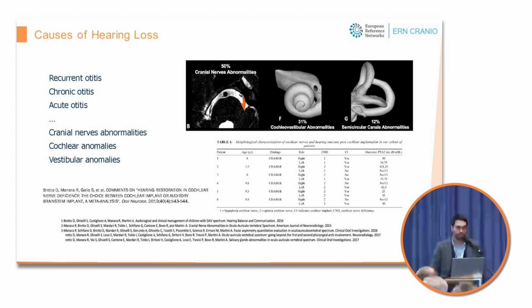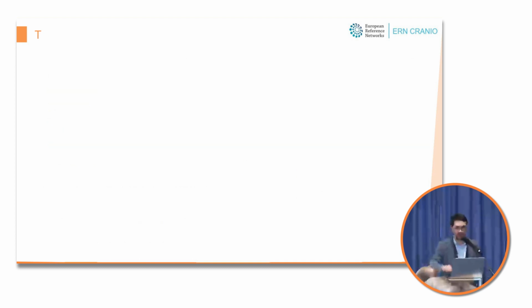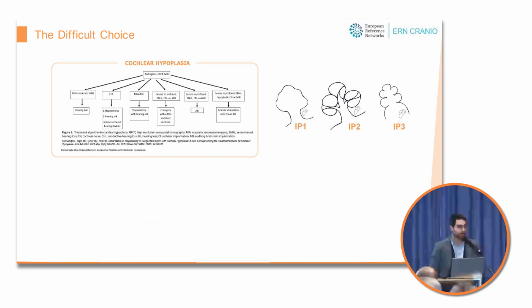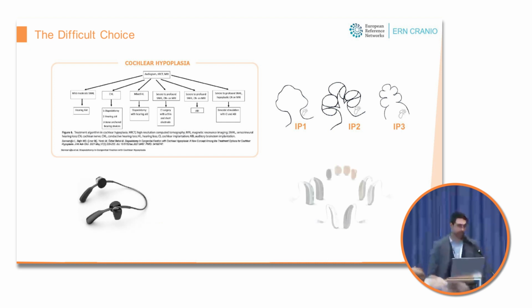So we have to weigh the role of imaging and try to assess the risk of the procedure and then decide what is best for the child. Because while dealing with hearing, we have a lot of options in terms of rehabilitation. For example, we have bone conduction, air conduction, hearing aids, cochlear implantation, and brainstem implantation.